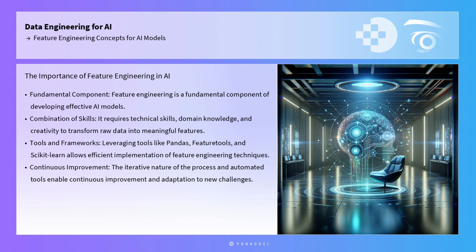The iterative nature of the process, coupled with the use of automated tools, allows for continuous improvement and adaptation to new challenges. As the field of AI continues to evolve, the importance of robust feature engineering practices will only grow, making it an essential skill for any AI implementation professional.